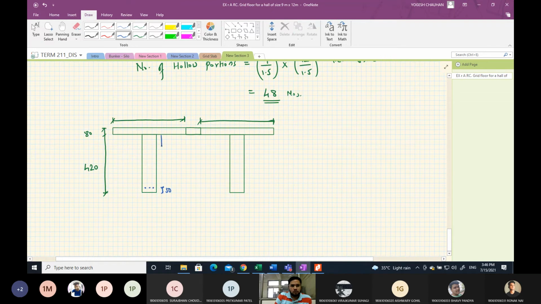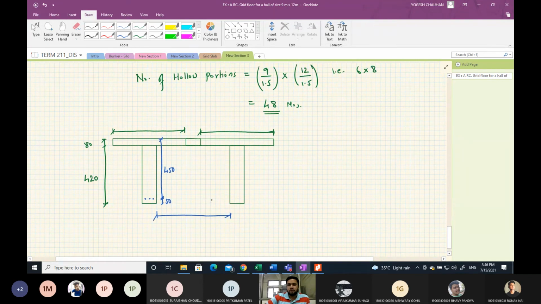So the effective depth is 450 mm. Okay. And the clear distance between the two consecutive ribs is 1.4 meter.